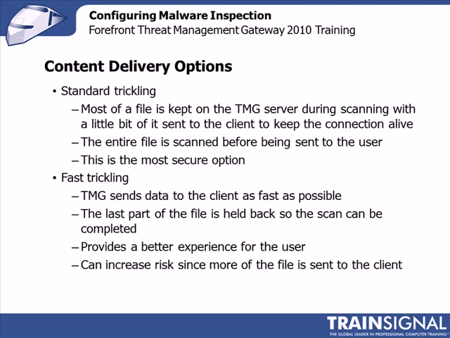Again, this is a case where you could use fast trickling to improve the overall user experience and then depend on tools that you have deployed on the desktop, for example, Forefront Endpoint Protection, to add an additional layer of security so that you can maintain a good user experience while maintaining security through multiple layers of defense. So if fast trickling resulted in an infection being sent to a client, the endpoint protection mechanism would take over and protect you in that case.